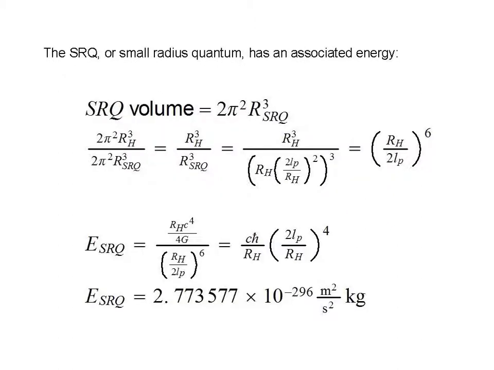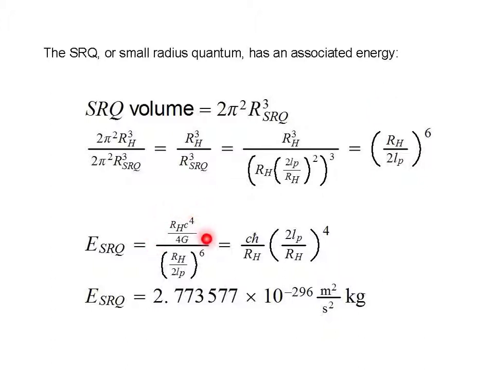The SRQ has an associated energy. The SRQ volume would be 2 pi squared times the SRQ radius cubed. If we want to know how many units of SRQ there are within the observable universe, we take the volume of the universe and divide it by the volume of an SRQ, and we get that there are r sub h over 2lp to the 6th power units of SRQ within the observable universe.